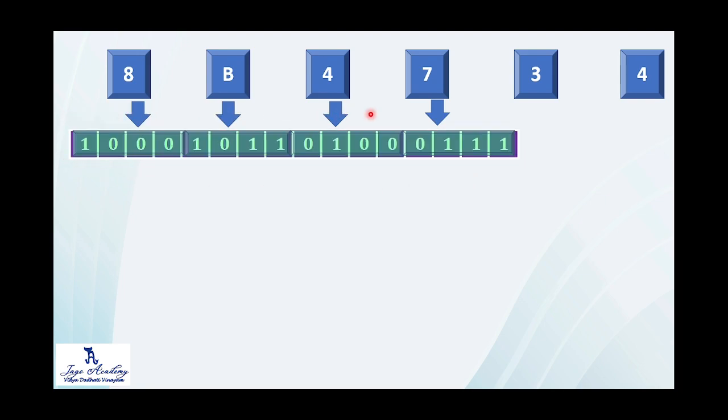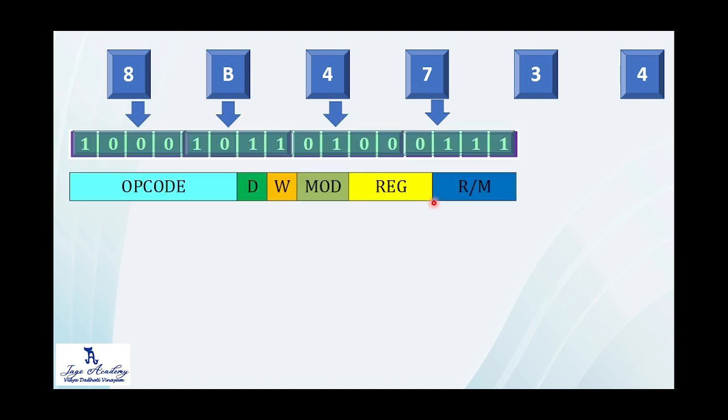Now this is what you got as a 16-bit instruction format, where you will get your opcode, your D bit, your W bit, and mode bit, REG bit, and R by M bit. Now see this. Try to match this opcode, D bit, W bit, mode bit, REG bit, and R by M bit with this existing machine code given.